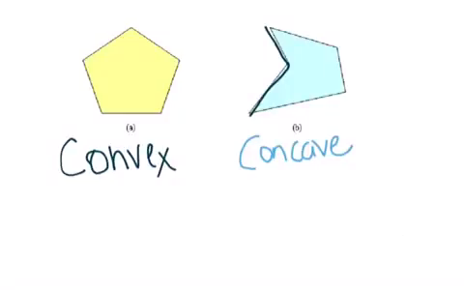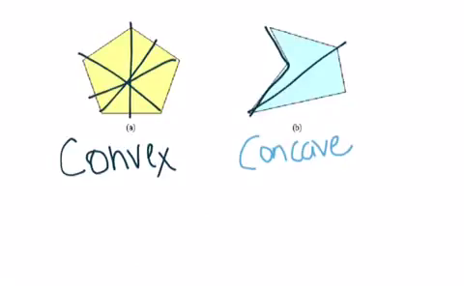The other thing I want you to recognize is that for convex polygons, the diagonals that join two non-adjacent vertices have no points outside the polygon. A diagonal starts at an endpoint. So right here we've got a diagonal here, here, here, here. In the concave polygon, the diagonals will meet outside the polygon.